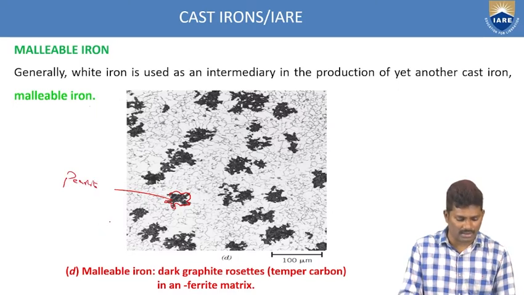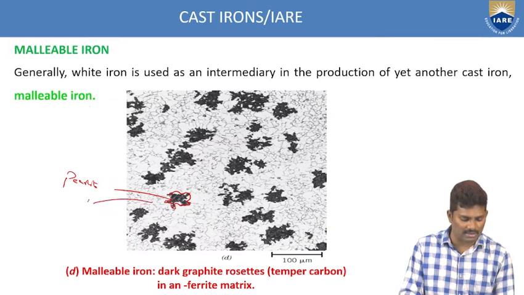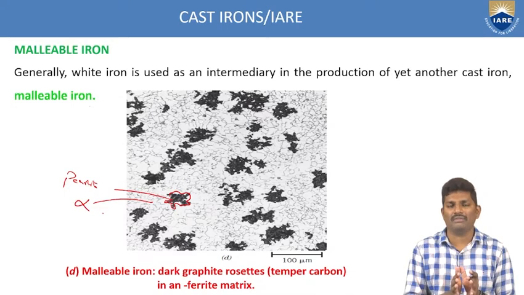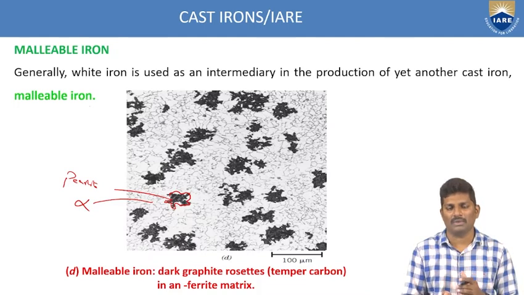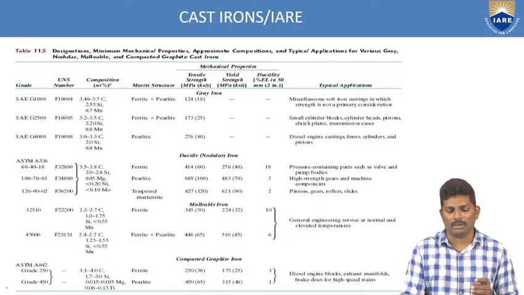And the dark graphite rosettes, and these are again the alpha particles. So like that, you have three different structures for the three different materials: white, gray as well as malleable. So depending upon the structure and the applications, you have to identify what type of material it is.